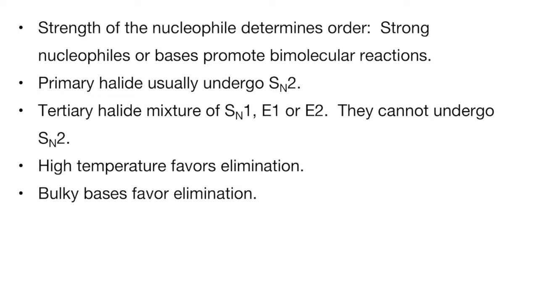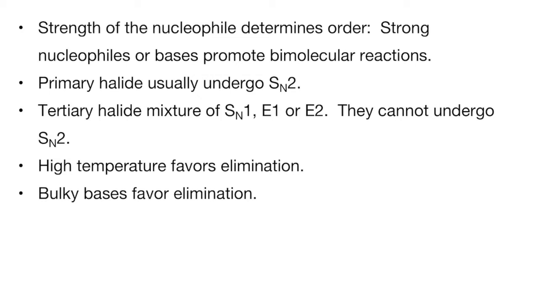Primary halides usually SN2, methyl halides usually SN2, secondary halides sometimes prefer SN2 but very slow reaction, mostly SN1 or E1 and E2. So tertiary is definitely SN1 or E1 or E2.